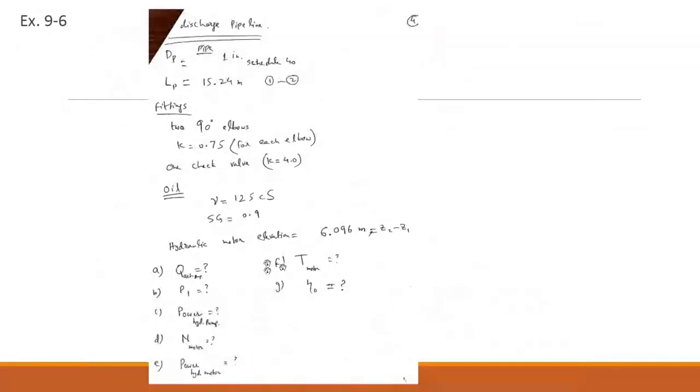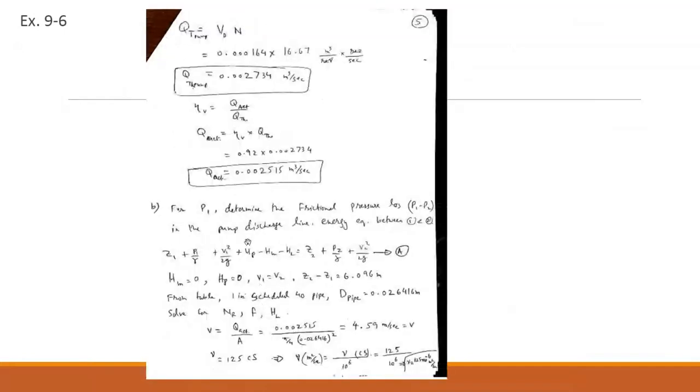The diameter is here, 1 inch. When you convert this into meters, you get 0.0264 6416, squared. So this is your diameter, and you multiply by pi over 4 to get the cross-section area. Here you go.